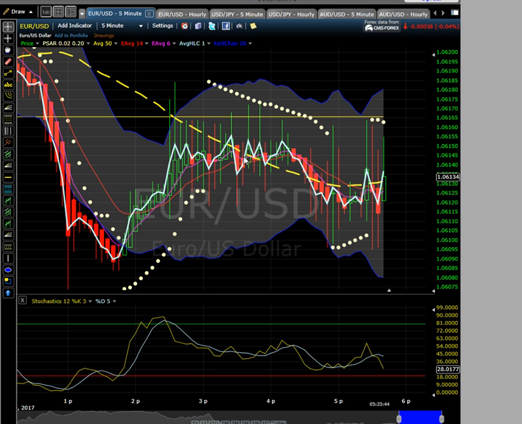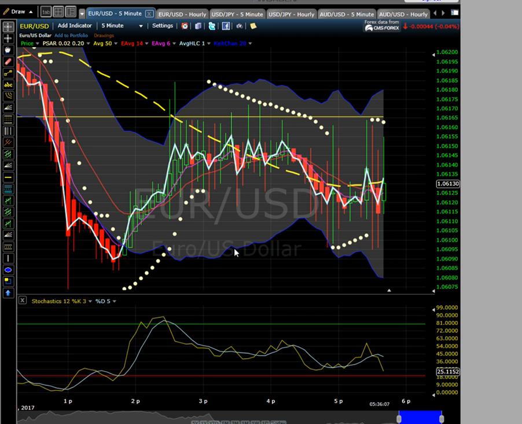Now, when you look up here, you'll notice a whole bunch of spikes and strikes. I promise you, this normally does not look like this at all. It probably only looks like this because it was a U.S. holiday today, which is President's Day, and a lot of the markets were probably closed down, slow, whatever it may be.